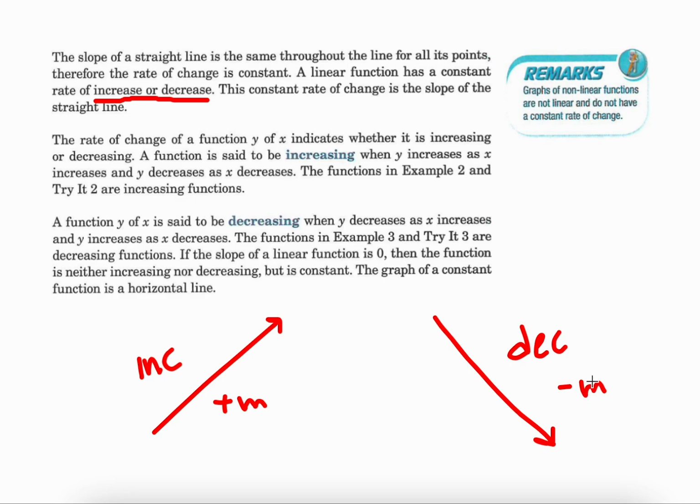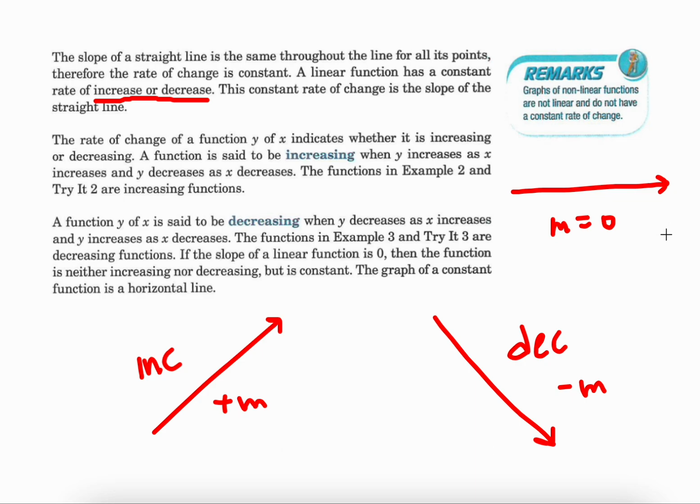And then when you have a slope that is 0, the function is neither increasing nor decreasing, but it's also constant. So a straight line is going to give you always a constant rate of change.